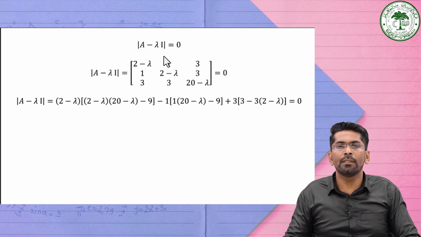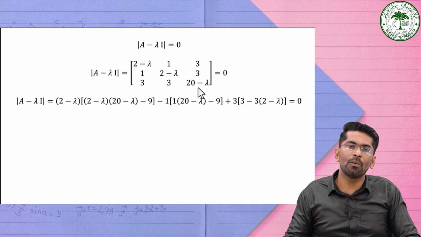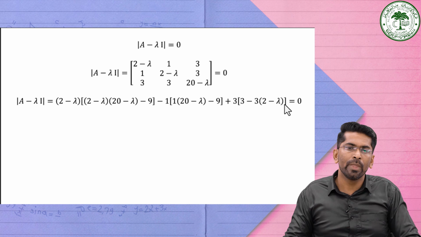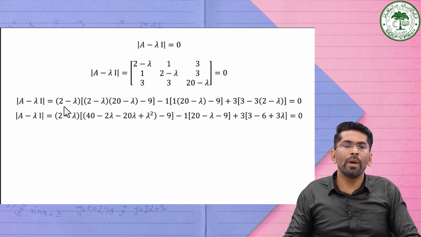Plus 3 into, the third element, crossing the first row and the third column: 1 into 3, that is 3, minus 3 into (2 minus lambda), which is equal to 0.